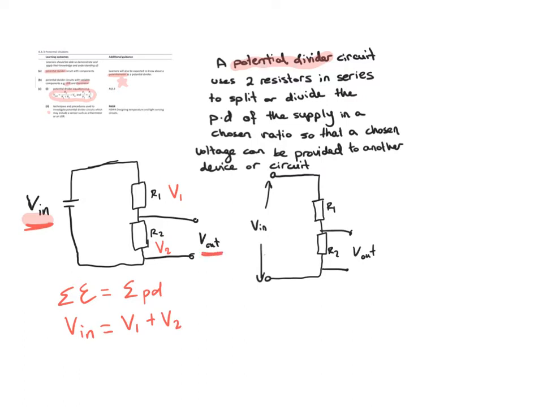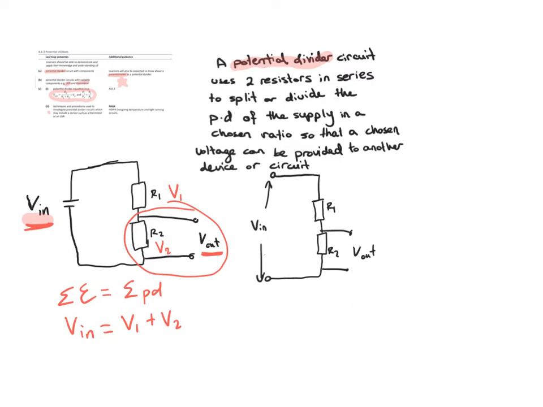The idea is that this potential divider circuit will be providing a different output, a potential difference output, to a different circuit or device within a specific device. That's usually used in speakers.